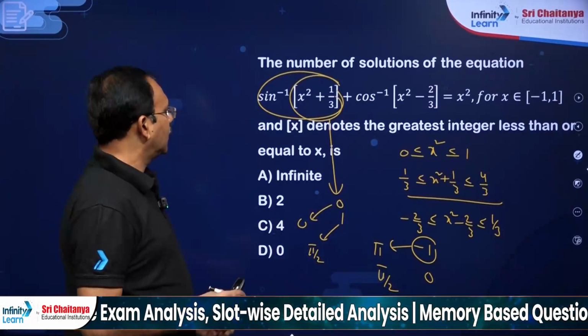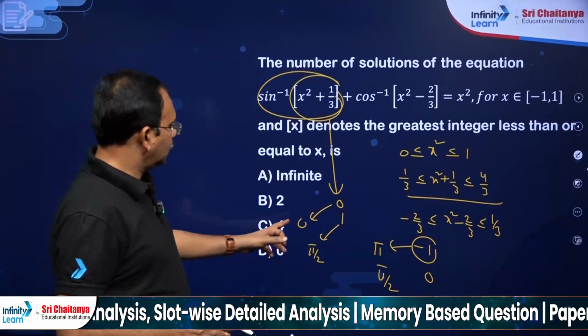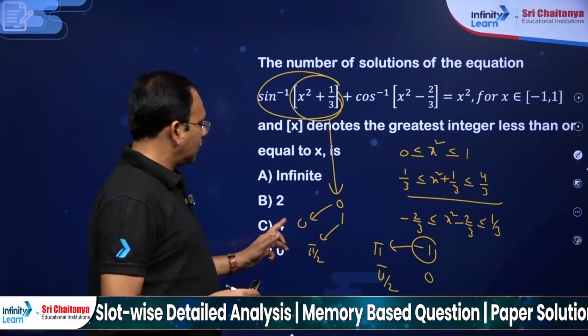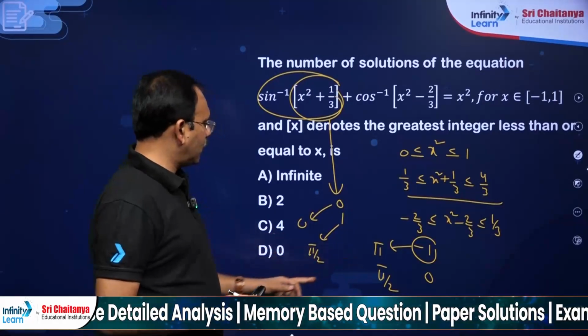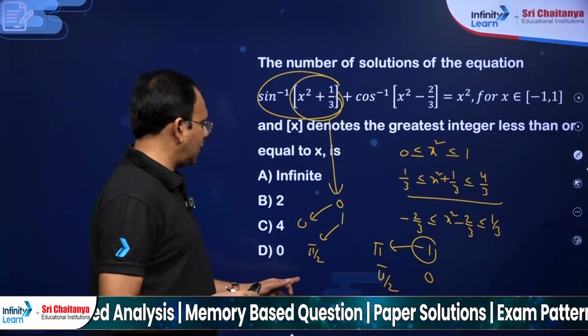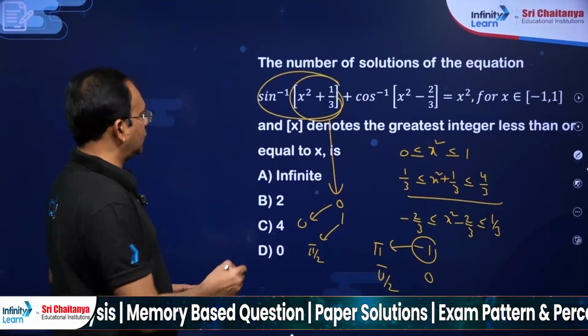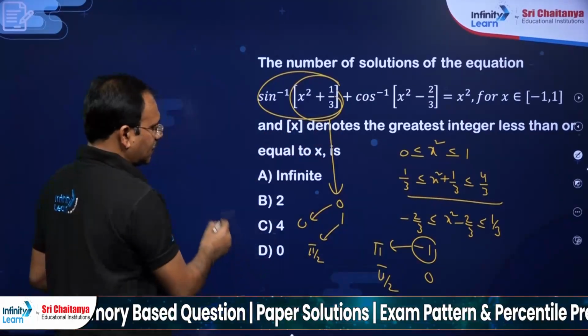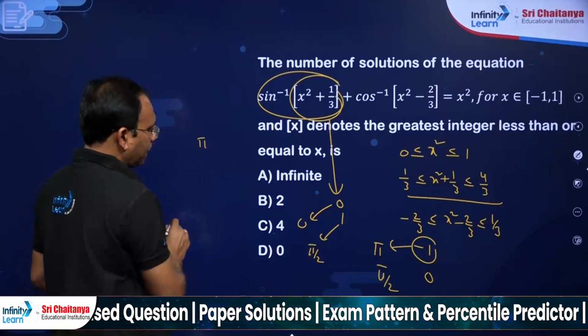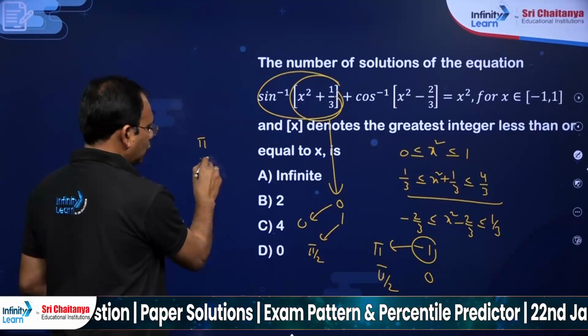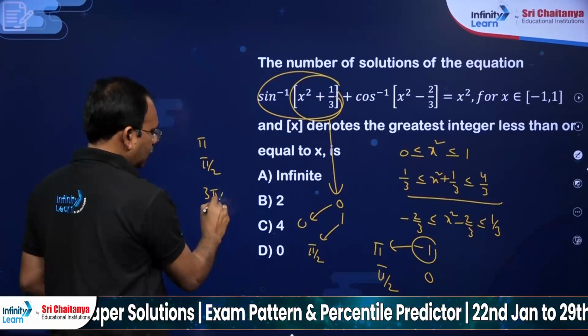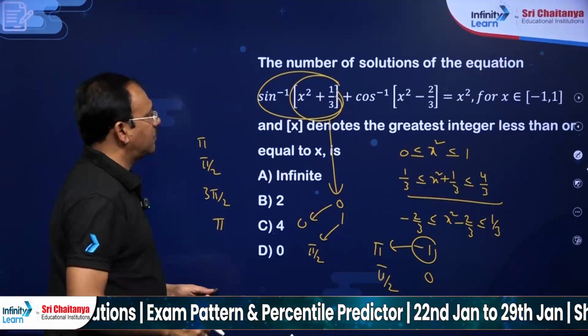You just check what are the possible answers. 0 plus pi is one possibility, 0 plus pi by 2 is one possibility, 3 pi by 2 is one possibility, and pi is another possibility. The possible sums on the left side are pi by 2, 3 pi by 2, and pi.